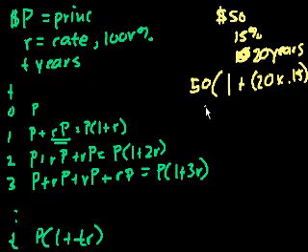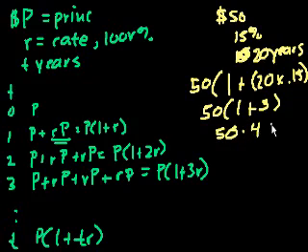Right? And that's equal to $50 times 1 plus, what's 20 times 0.15? That's 3, right? So it's 50 times 4, which is equal to $200 to borrow it for 20 years. So $50 at 15% for 20 years results in a $200 payment at the end. So this was simple interest, and this was the formula for it.